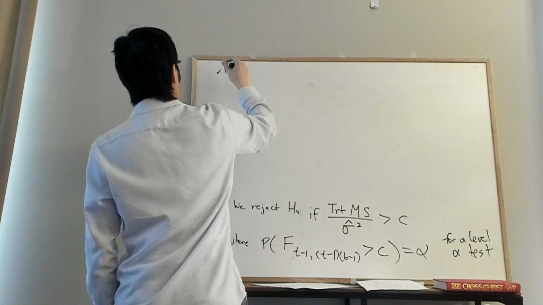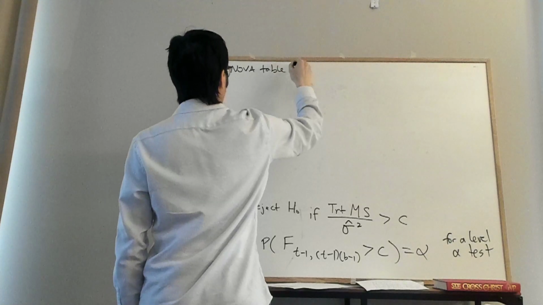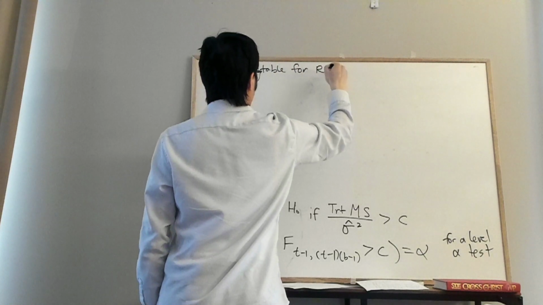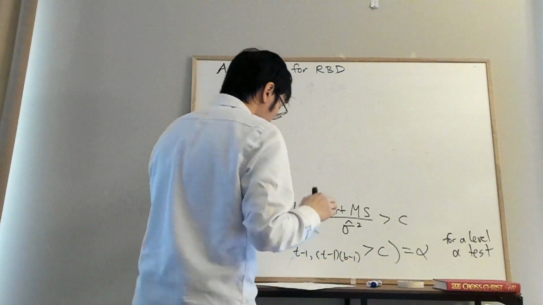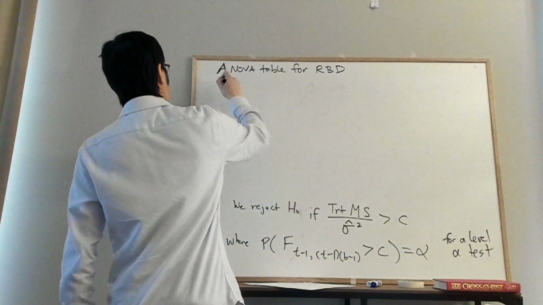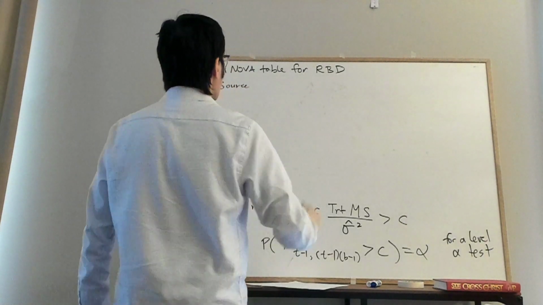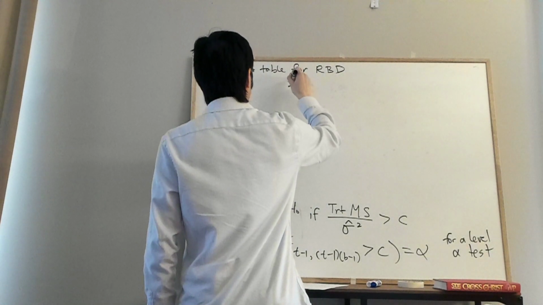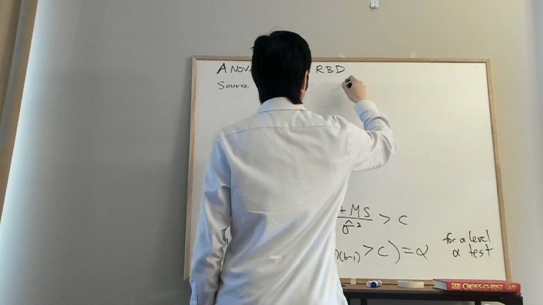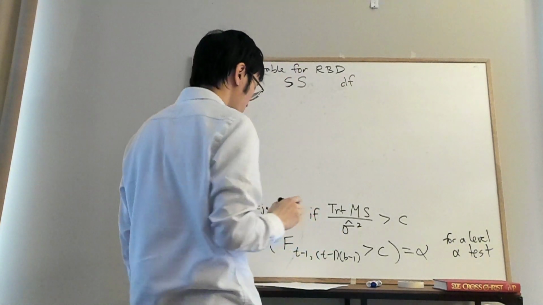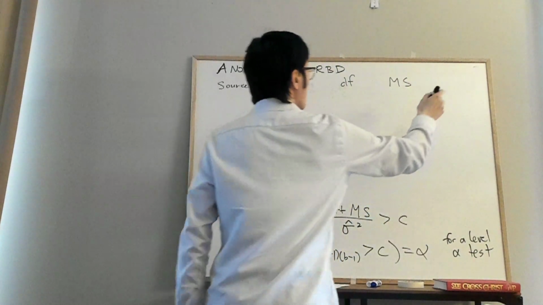Okay, so here is the ANOVA table for the randomized block design, which we've been talking about. On the left, I'm going to always start with the source of the sum of squares, and then we have the degrees of freedom, and then the mean square, and then finally the F statistic.